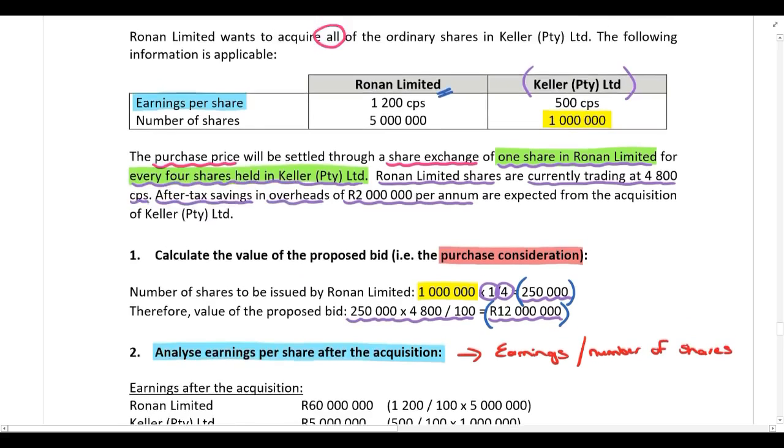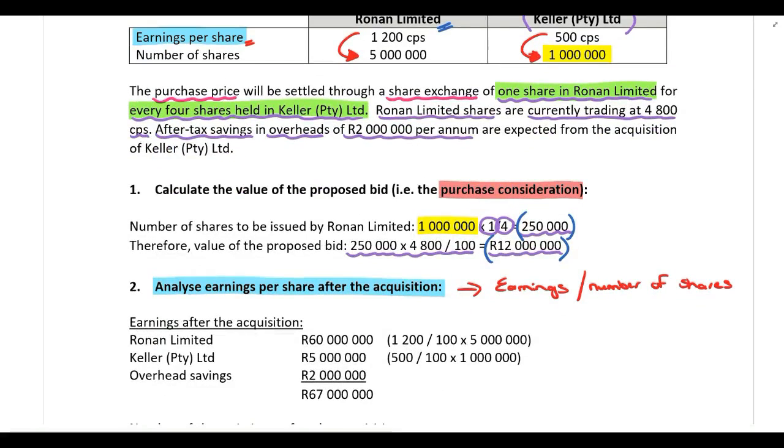Right. So guys, you have been given earnings per share for each company. You just need to multiply by the number of shares in issue so that you can get earnings in total. So just take the earnings per share, multiply by the number of shares in issue so that you can get the total earnings.